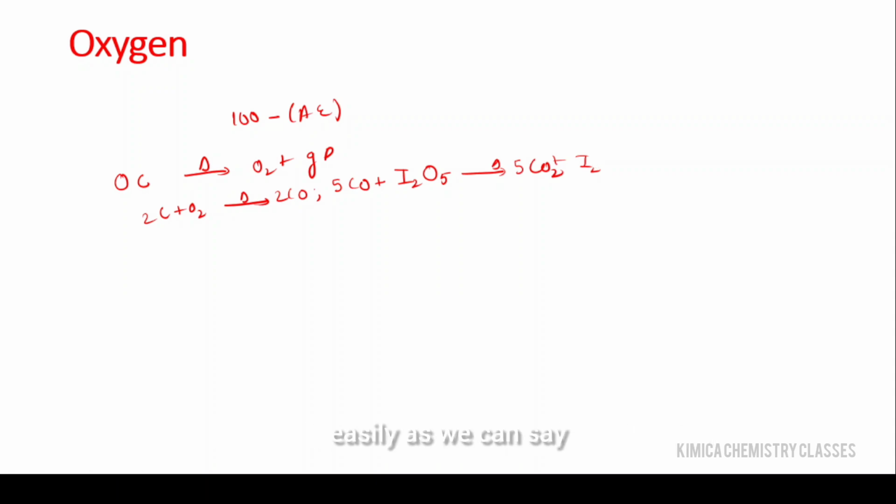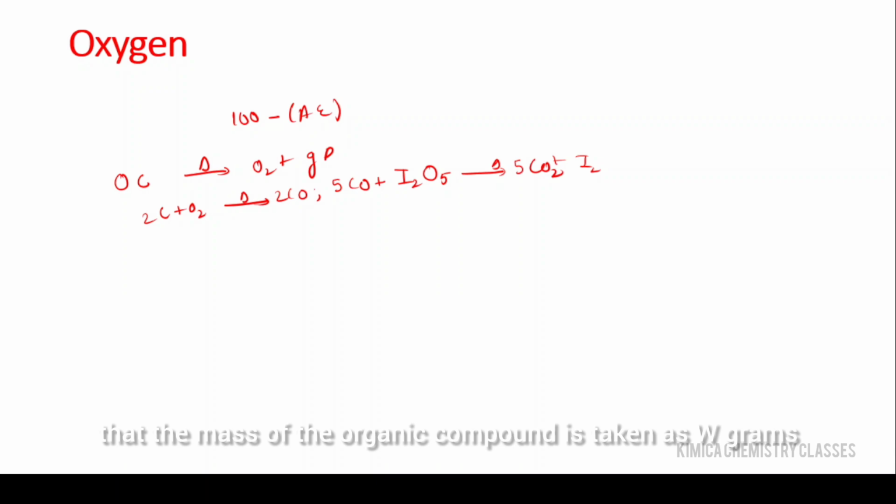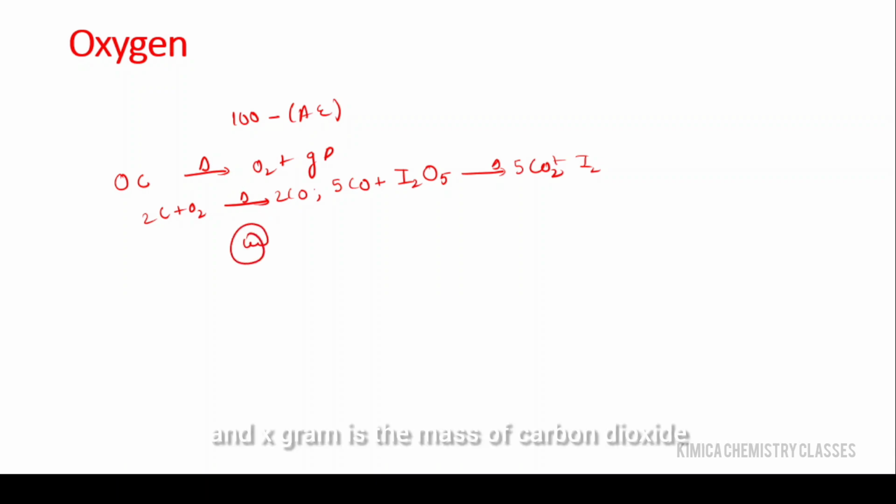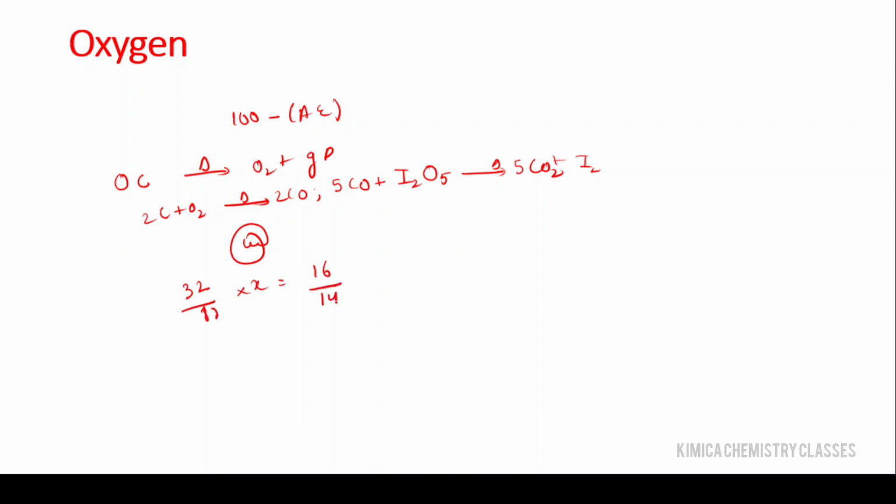Let the mass of the organic compound taken be W grams, and x grams the mass of carbon dioxide. So x grams of carbon dioxide liberated corresponds to 32/88 into x, that is 16/44 into x grams of O2.